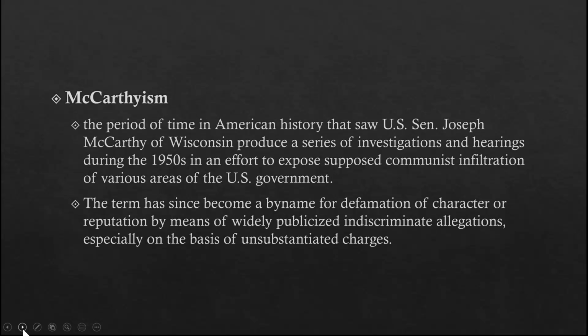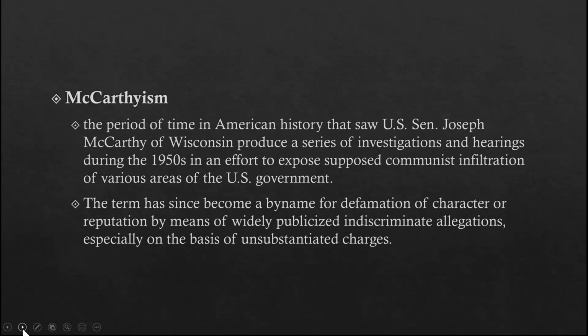The term has since become a byname for defamation of character or reputation by means of widely publicized, indiscriminate allegations, especially on the basis of unsubstantiated charges. So essentially what was happening was Joseph McCarthy, as well as other U.S. senators, were producing supposed evidence or just accusations, really, that these people in the U.S. government are communists and communism is bad.